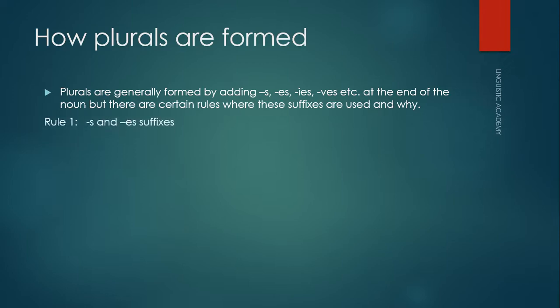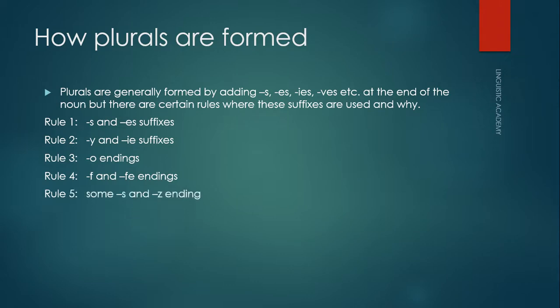Rule 1. S and ES suffixes. Rule 2. Y and IES suffixes. Rule 3. O endings. Rule 4. F and FE endings. Rule 5. Some S and Z endings. And of course, exceptions.